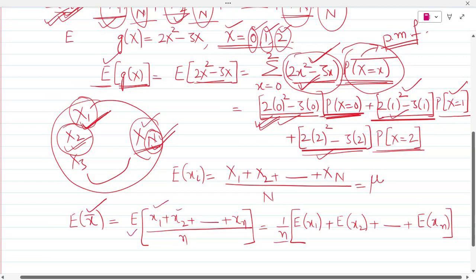Actually, expectation is linear in nature, so this is the linearity property of expectation. And so this is the expected value of x1, plus the expected value of x2, and so on.